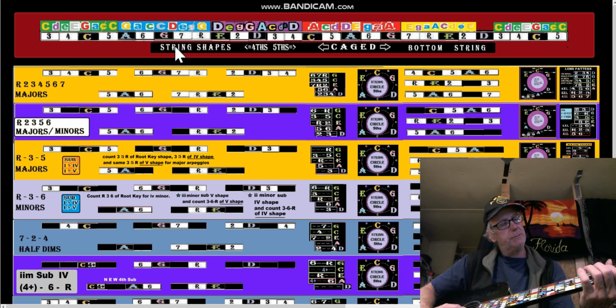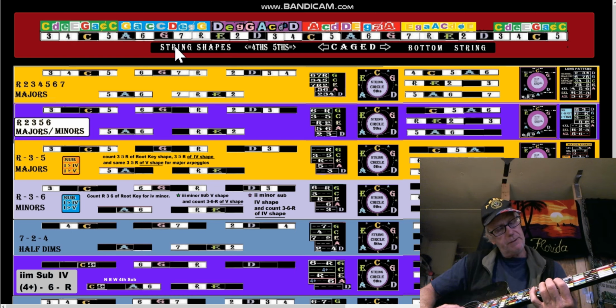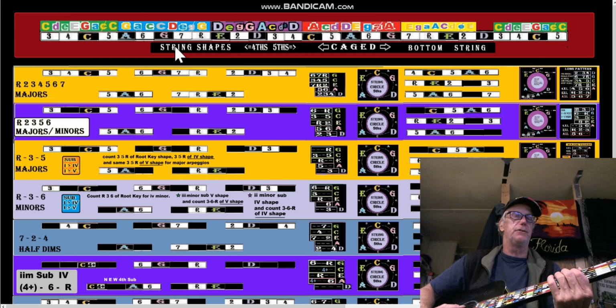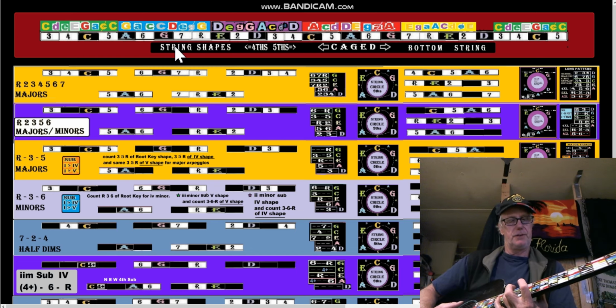So we've got the same string shapes. Here's A, here's G, and then 7 root 2 would be E. Then 2, 3, 4 is D, just like CAGED, or you can go up in fifths. If you're skipping to the next one, C would go, what's the fifth of C? G. Here's the C string shape. Here's the G string shape.